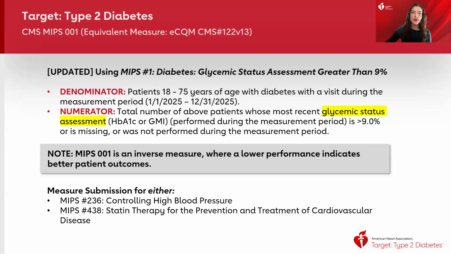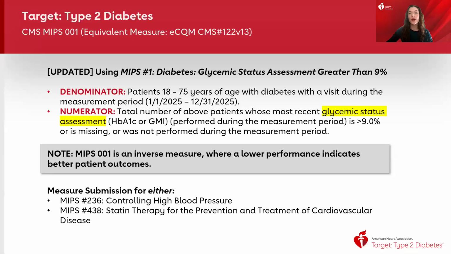The numerator now asks for the total number of those patients whose most recent glycemic status assessment performed during the measure period is over 9% or is missing or was not performed during the measure period. This is a change, as last year only HbA1c was accepted and now GMI is also accepted.